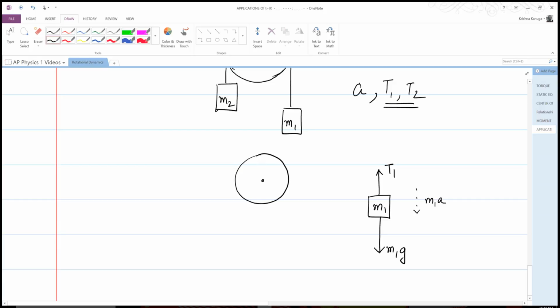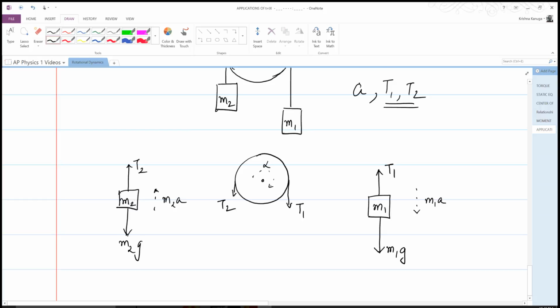For the pulley, the forces are T1 pulling on one side and T2 pulling in the opposite side, and the result of these two is some kind of angular acceleration. And for my second block, I have once again M2g pulling it down and this tension T2 pulling it up, and the result is M2a going up.